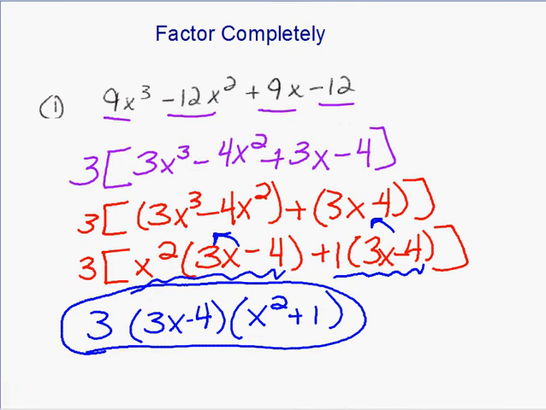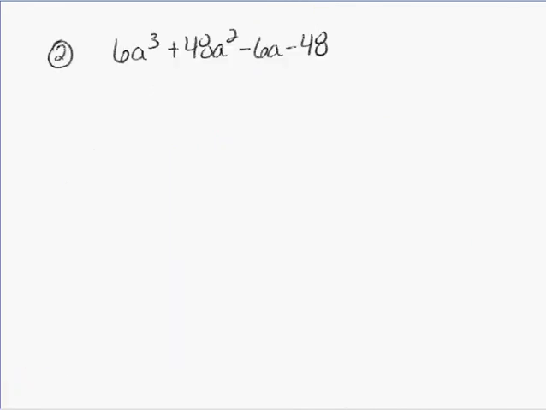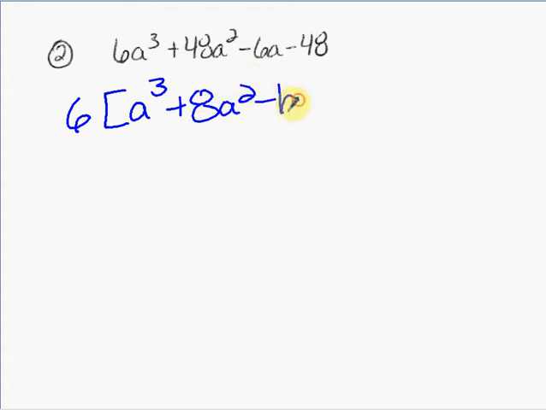Alright, let's look at another problem here. Okay, first thing, GCF. GCF is 6. I'm going to figure out what's left. Well, that's a cubed plus 6 times 8 is 48, and there's an a squared left, minus 1a, so minus 8.